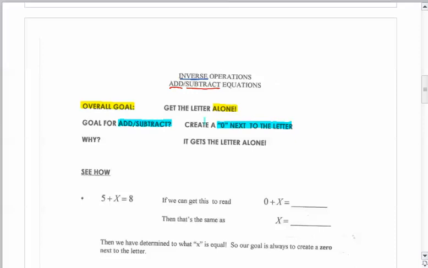If I get a zero next to it, and I'm only dealing with adding and subtracting, well, it makes sense. That's when I've gotten the letter alone. In other words, if I create a zero plus something or something minus zero, I've created a situation where the variable is alone and I've solved for the variable.